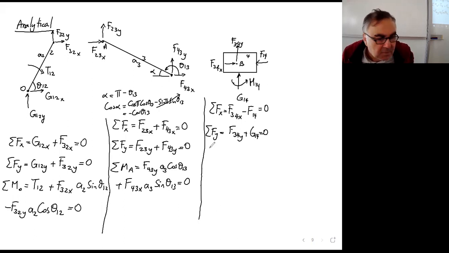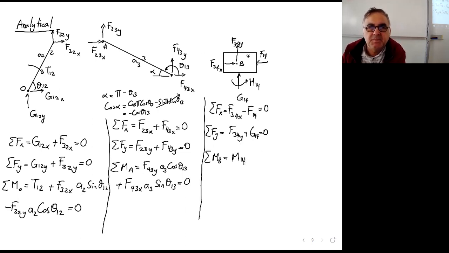And if you take moments about point B, let's say, M14.